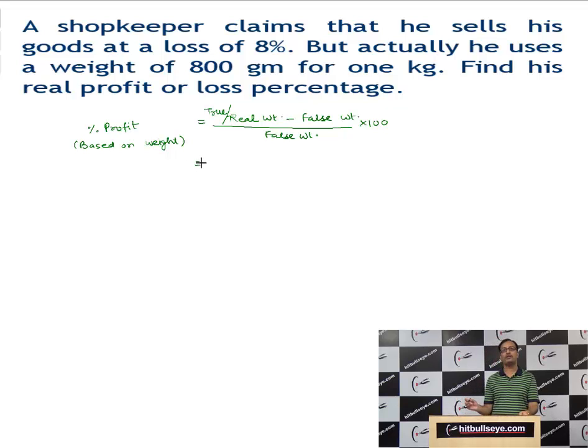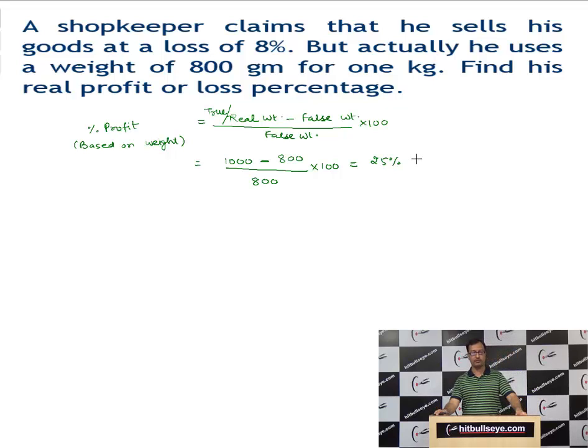So the true weight that the shopkeeper should use is 1000 grams, but he is using a weight of 800 grams as false weight. So because of false weight only, he is getting a profit of 25%.